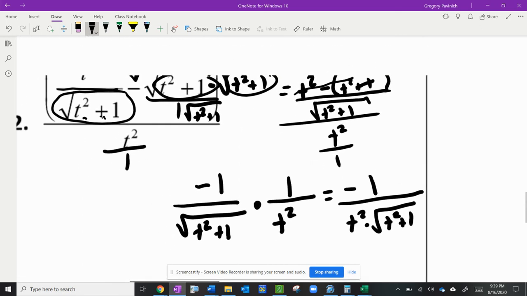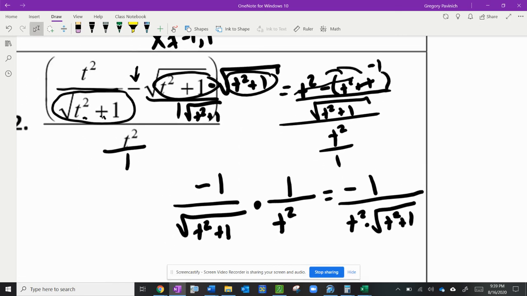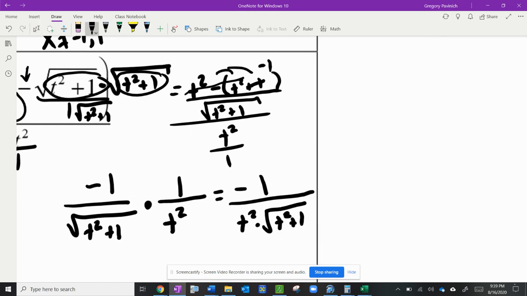Now this is where I need to rationalize. So here I go. I'm just going to put this t squared out in front. It's totally fine. It's not under a radical, so I'm just going to leave it there.